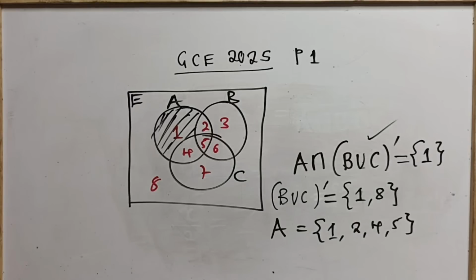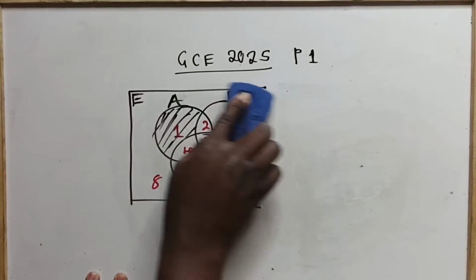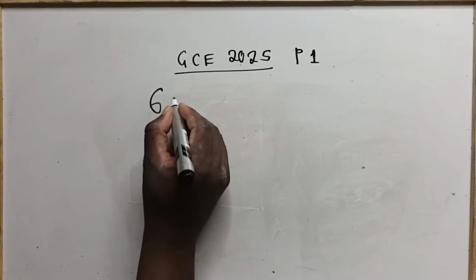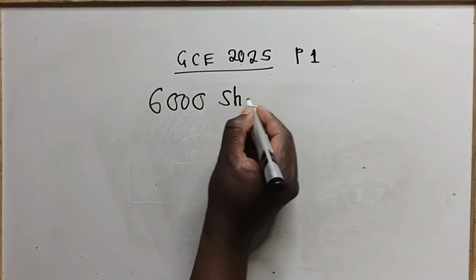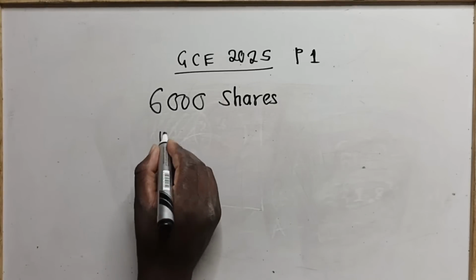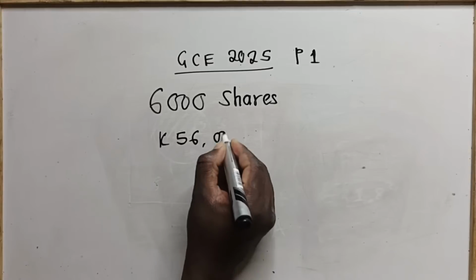Okay, so let's go to the next question. For the next question, pay attention. They've given us the long information. Here for the next question, we're going to say a company with 6,000 shares declared a dividend of 56,000.